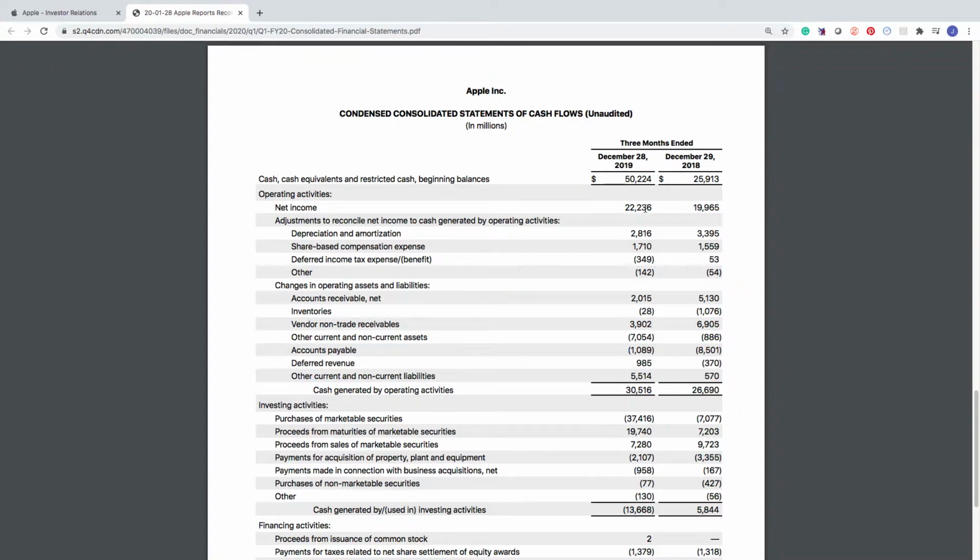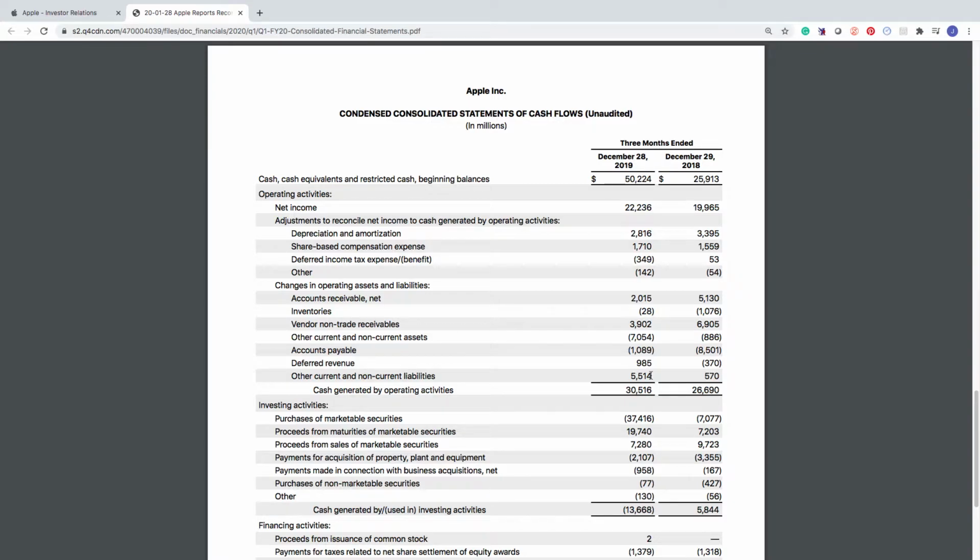Now, there are a bunch of different items that we need to add and adjust to allow us to arrive at the cash flow from operations. So you'll see here that net income was 22 billion and cash flow from operations was 30 billion. So there's about 8 billion out of items and expenditure that we'll just be discussing over here.